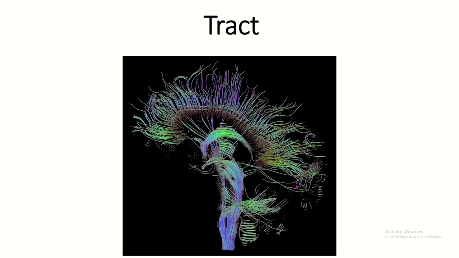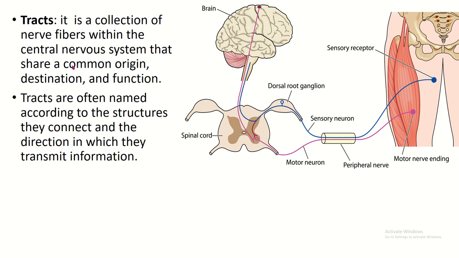Tract. Tract is the collection of axons within the central nervous system. Some tracts descend from the cortex to the spinal cord. Some tracts ascend from the spinal cord to the cortex. So, tract means a collection of axons within the central nervous system.